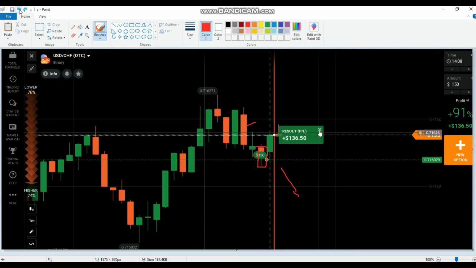But after that confirmation candle, we need to consider this candle's behavior also. Look at what we can see here, it's a very weak candle, right? If it's a strong candle, we can go with sellers confidently. But if it's a weak candle, most of the time the buyers may try to go again.